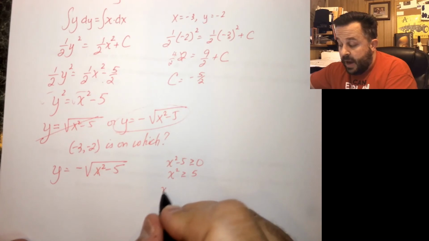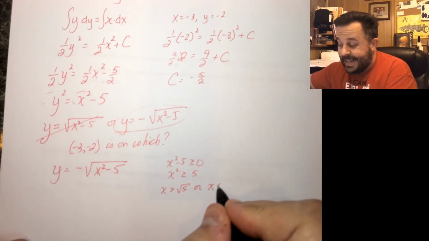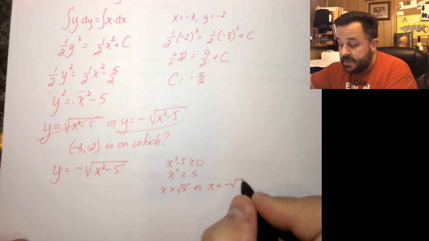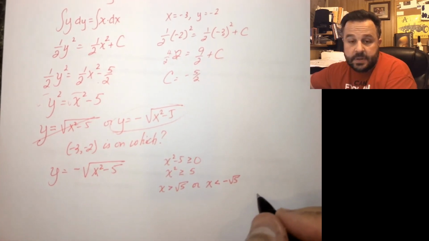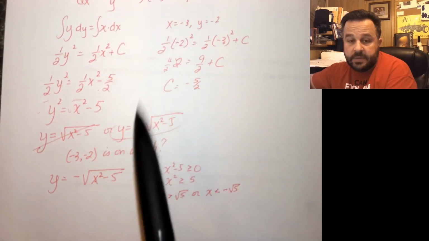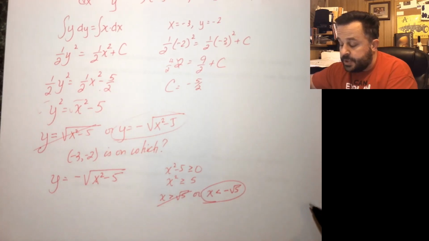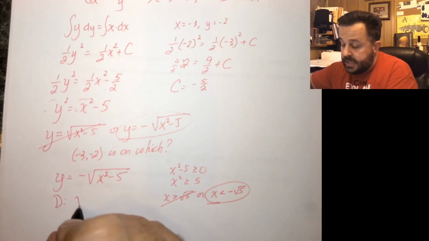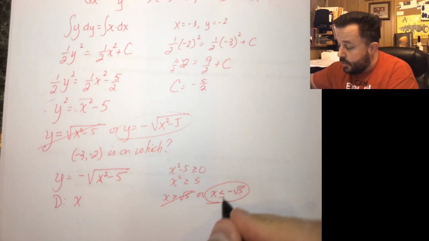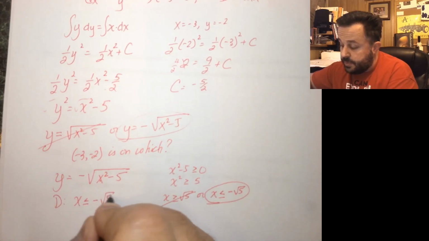So therefore, x is greater than or equal to the square root of 5, or it's less than or equal to the negative square root of 5. And we know from our initial condition that x is negative 3. So therefore, this is the piece of the function that we want. So our domain is that x is less than or equal to the negative square root of 5.